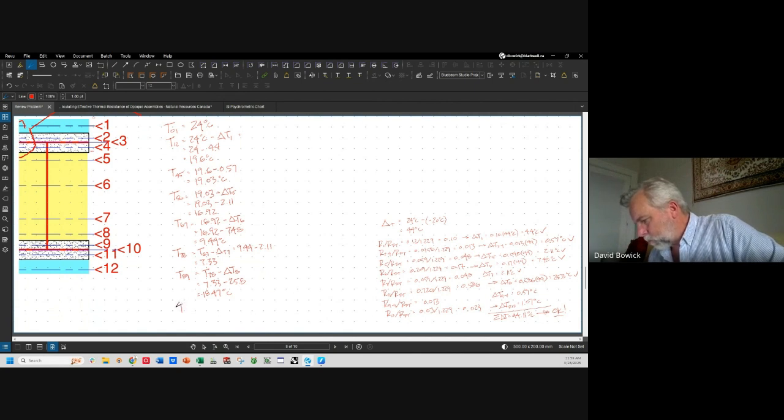T at the 11 12 boundary equals T89 minus delta T 9 to 11, 18.47 minus delta T 9 11, 0.57.